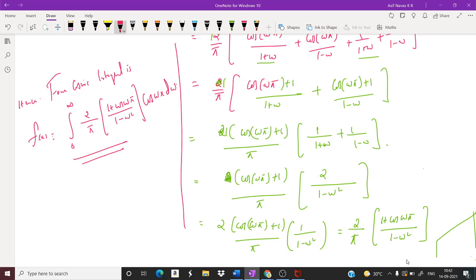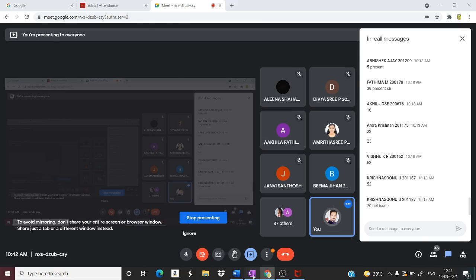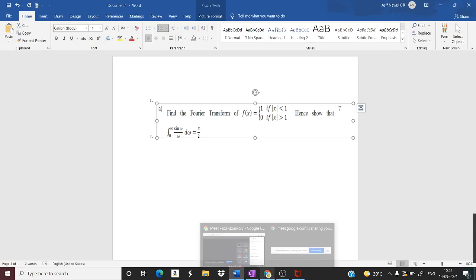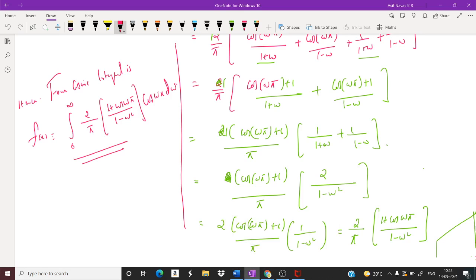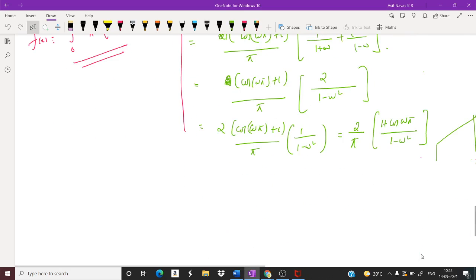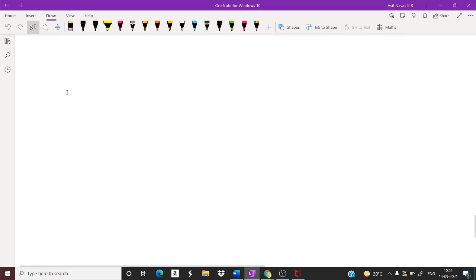So this is the answer. Okay, so we have done both problems, and yesterday we also discussed one problem. This is last year's question. Try to do this problem and see.